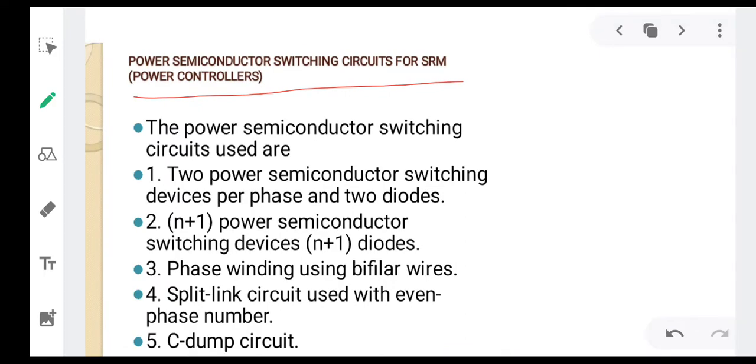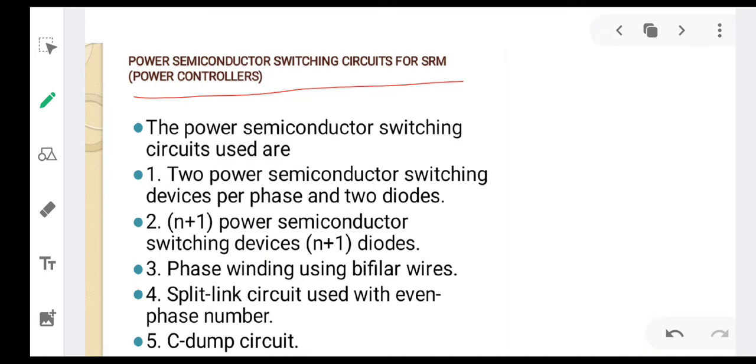Basically there are 5 different switching circuits for the control of the switched reluctance motor: 2 semiconductor switching devices per phase and 2 diodes; n+1 power semiconductor switching devices and n+1 diodes; then bifilar windings, a split link circuit, and a C-dump circuit. These are the 5 different power semiconductor switching circuits, or simply power controllers.